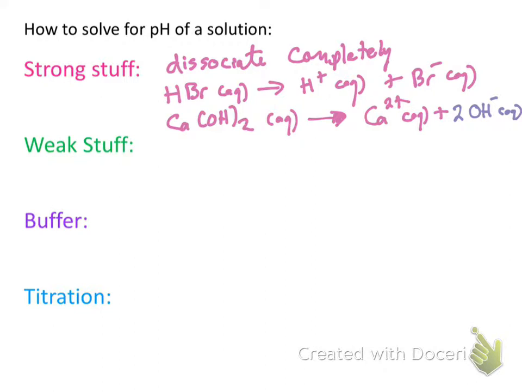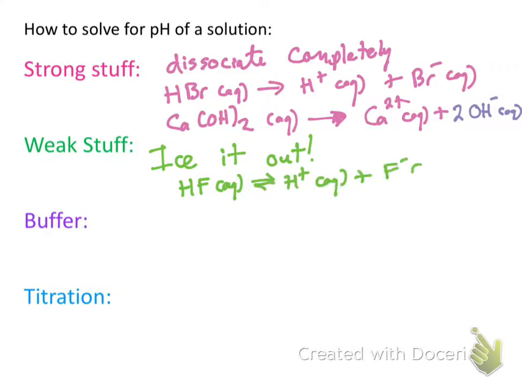Weak stuff. When in doubt, ice it out. We'll do an ICE table. For acids, we can just write them out, dissociating into H plus and their conjugate base.